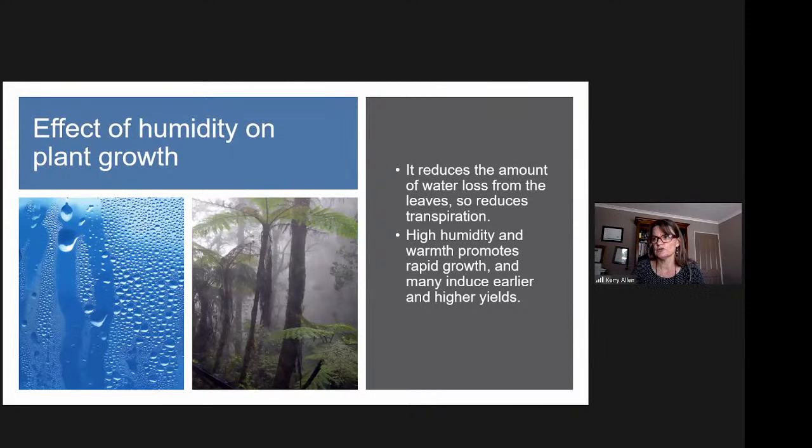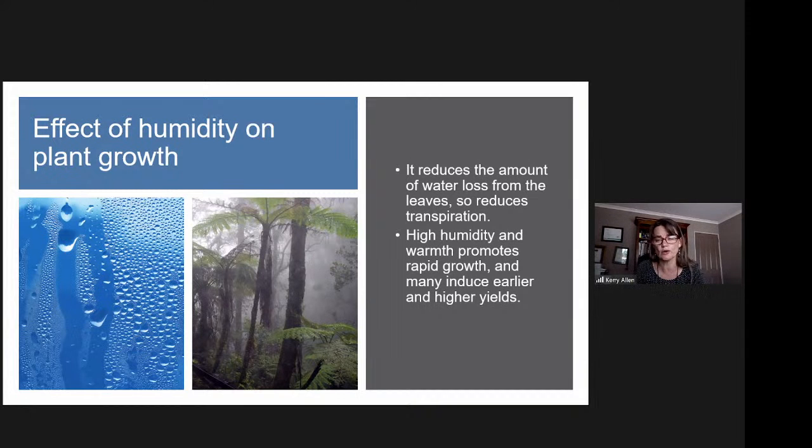Humidity is higher where there are lots of rainforests, for example, and we try to reduce the amount of water loss from the leaves because it reduces transpiration. You want transpiration to occur, but the plant can't get rid of the water if there's high humidity.